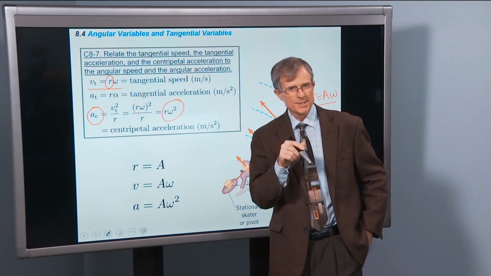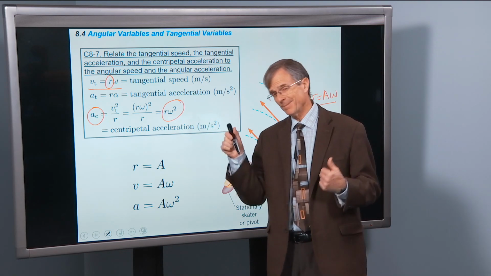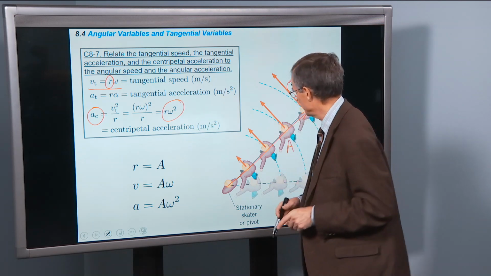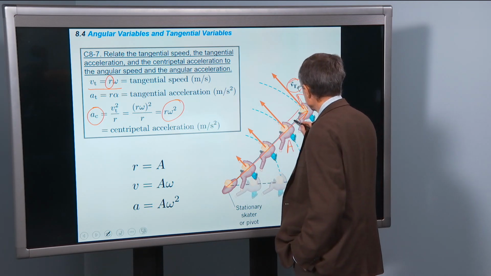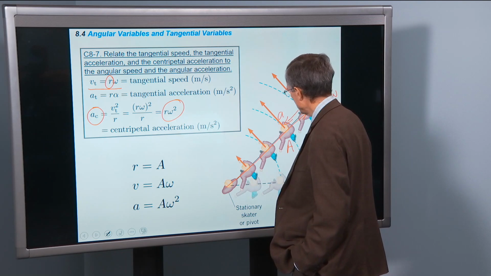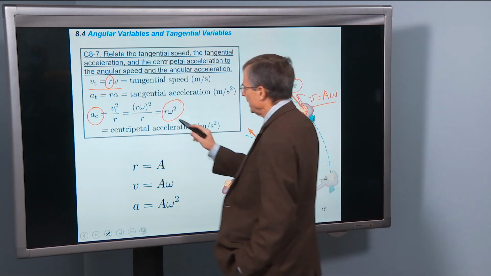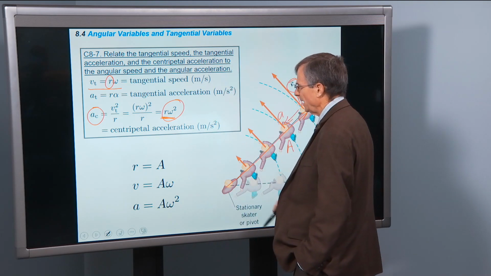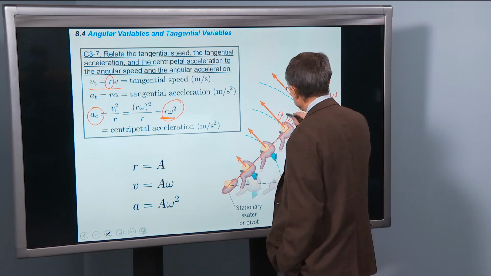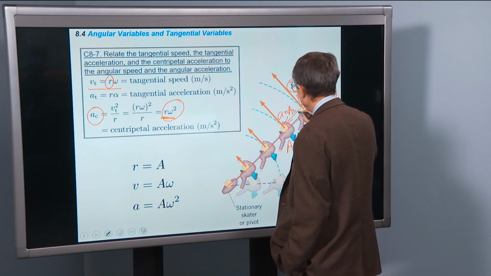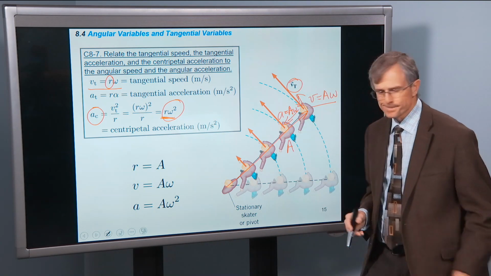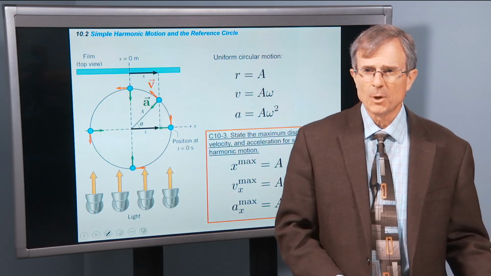What direction does that acceleration point? You say, in toward the center, because it's uniform circular motion. And I say, you're absolutely right. So the acceleration is going to be inward toward the center. It's given by r omega squared, and if r equals A, then that acceleration is A omega squared. That's for uniform circular motion.